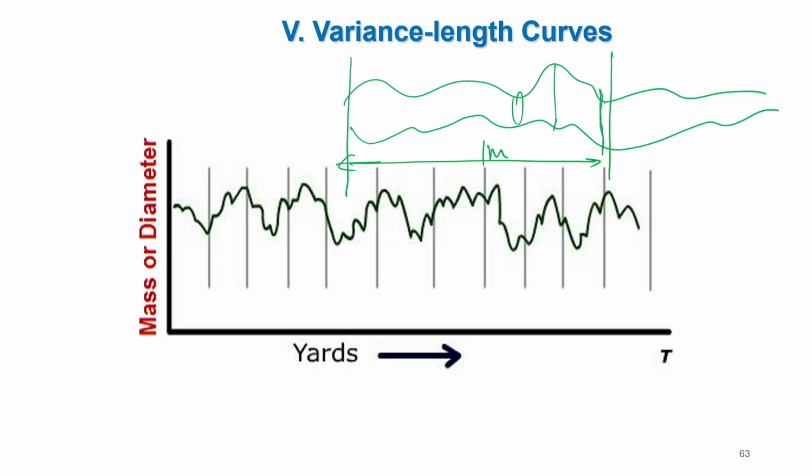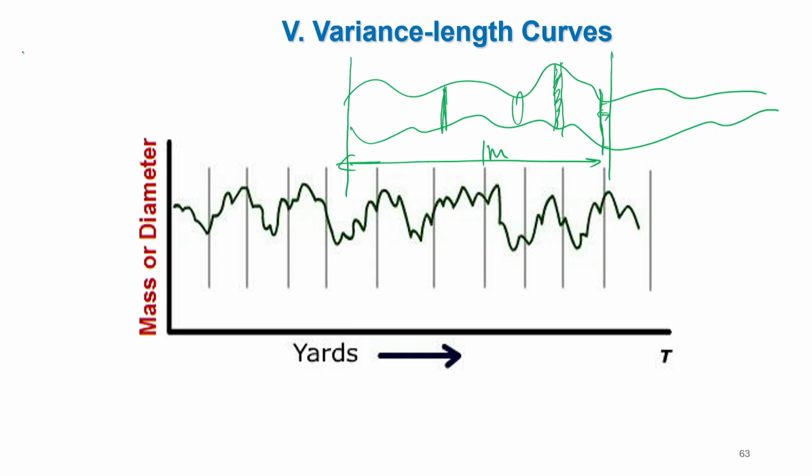We want to know the variation within say 1 centimeter length. At that length, the variation will be much lower than for the larger length, and if we go on reducing, when it is close to 0, the variability will be minimum.